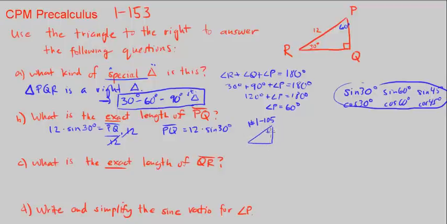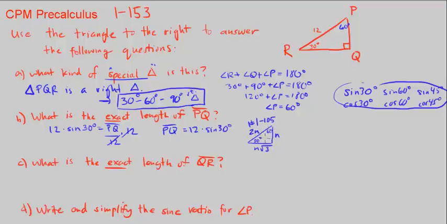We know that 30, 60, 90 degree triangles have the side lengths n here, 2n here, and n square root of 3 here. If you did these problems earlier, you'll remember you derived this.